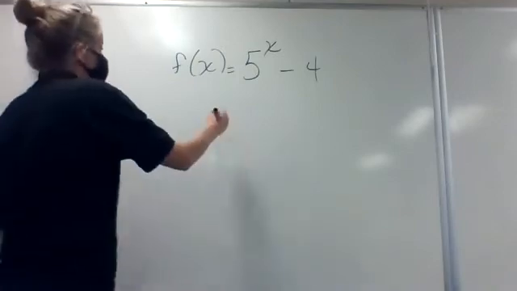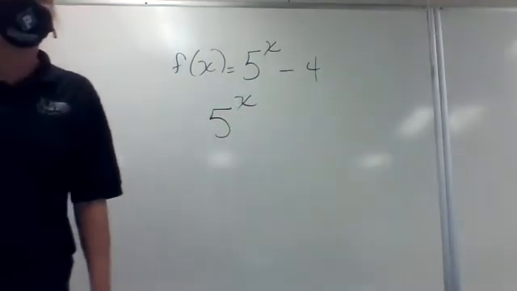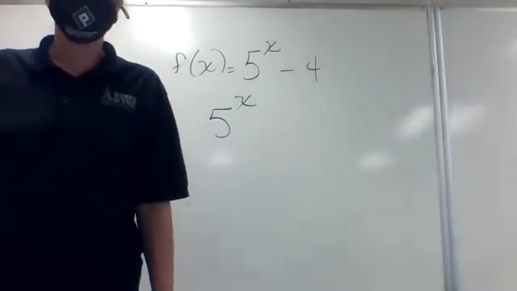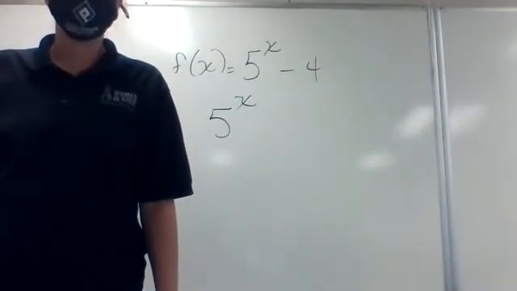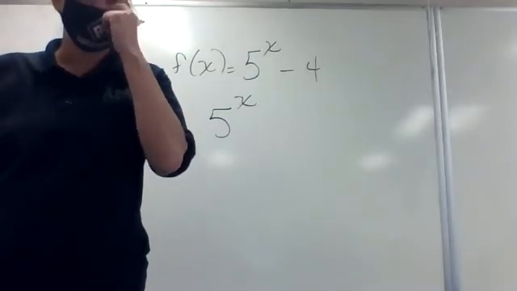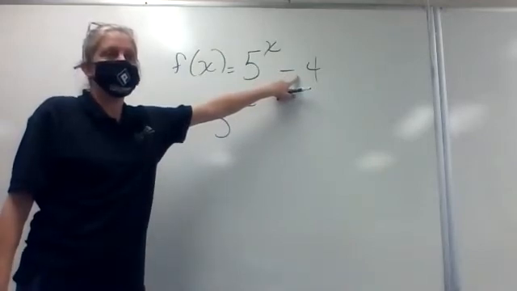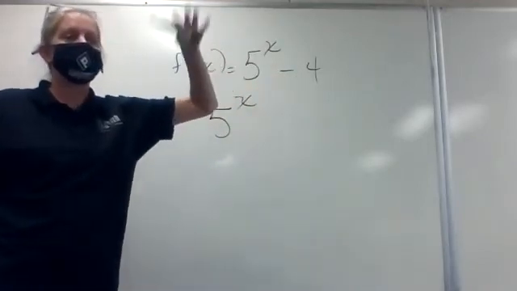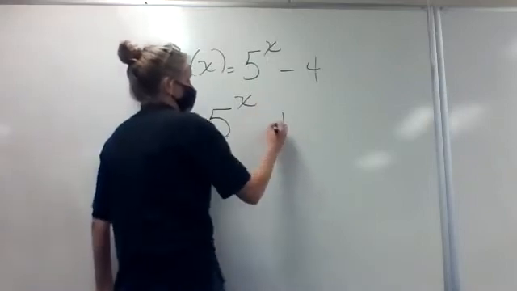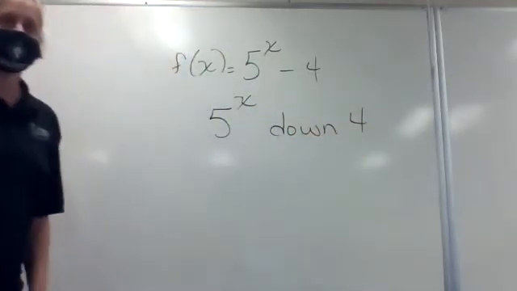So again, you're starting off, what's giving it its shape is that 5 to the x power, with the x in the exponent. Now, this is an outside number, which shifts you up and down, go with that sign. So it's actually going to be down 4.